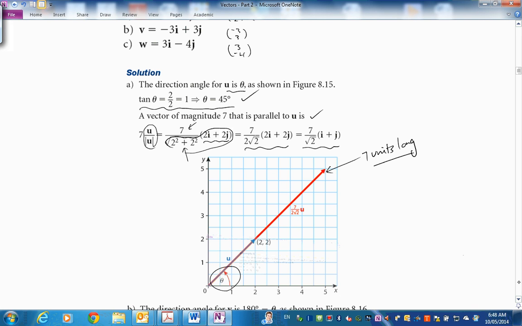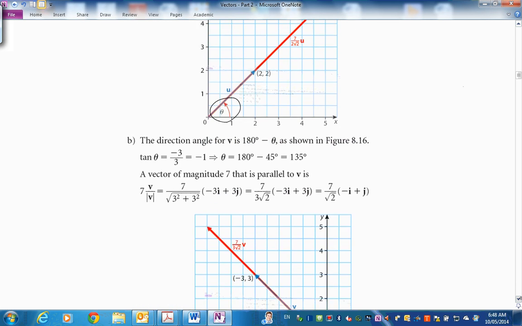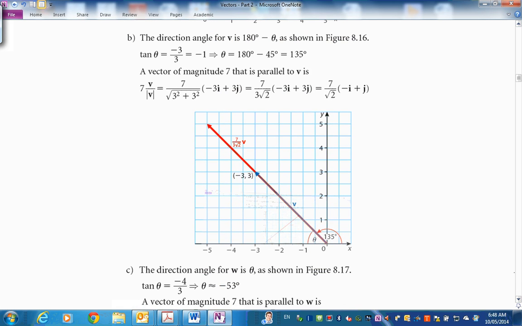Okay, now that's what we're doing. Let's do it again for the next one. Next one is neg 3, 3, or neg 3i plus 3j. So this time, it's over here, neg 3 in the x and 3 in the y, and we've taken it from the origin. We could put it anywhere, remember, the non-unique specification of the vector neg 3, 3.